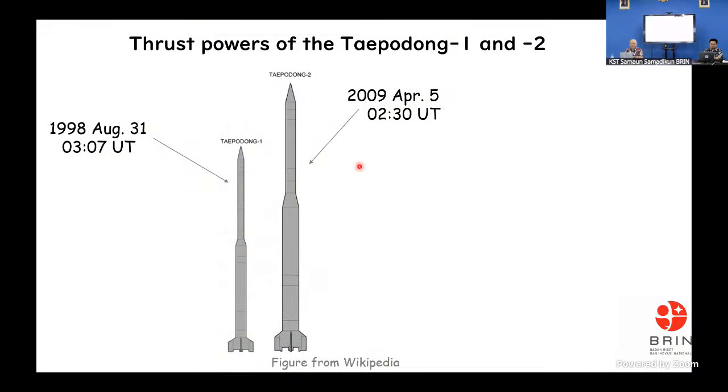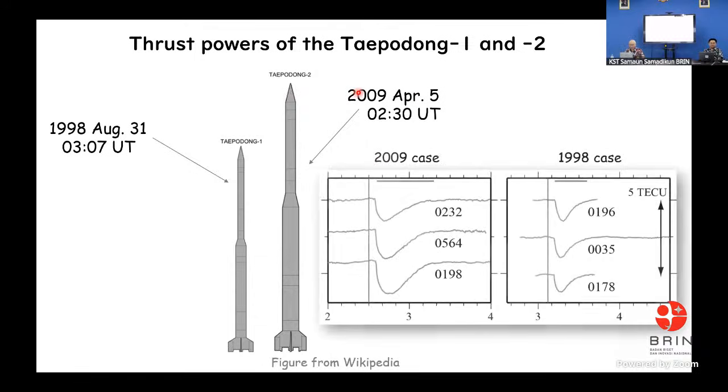Okay, so this is not so interesting from a geophysical point of view, but might be interesting from another point of view, because there was a similar incident in 1998, and the same thing occurred in 2009, and we could compare their power.